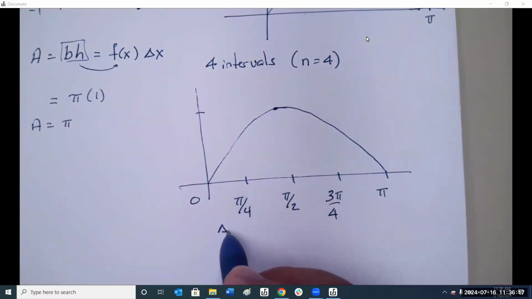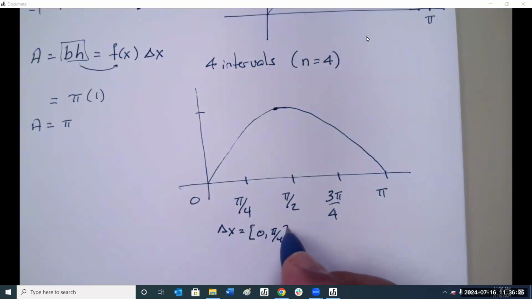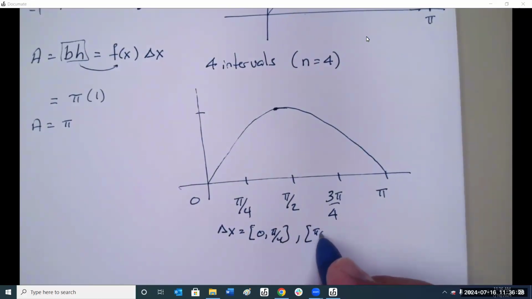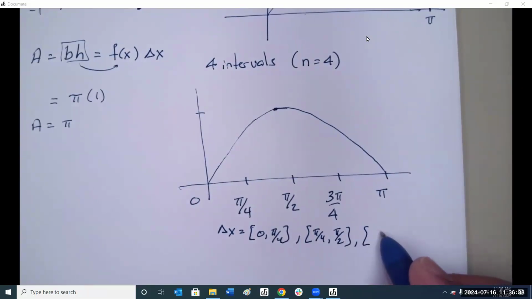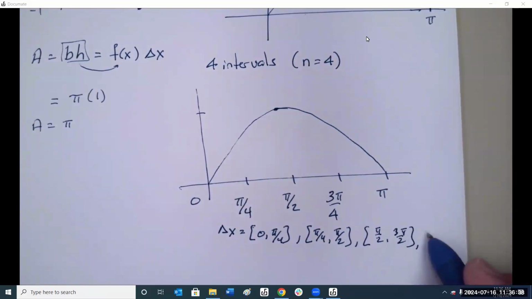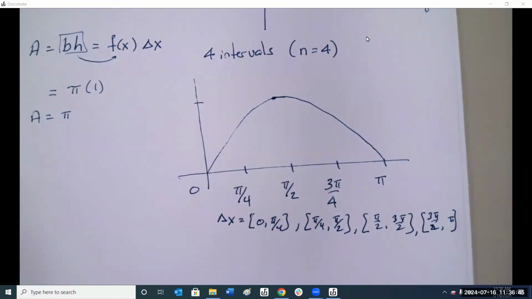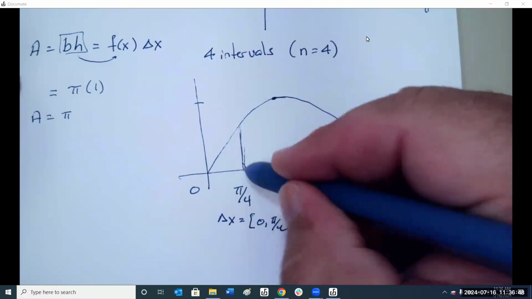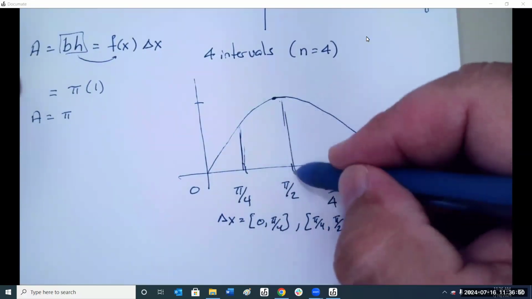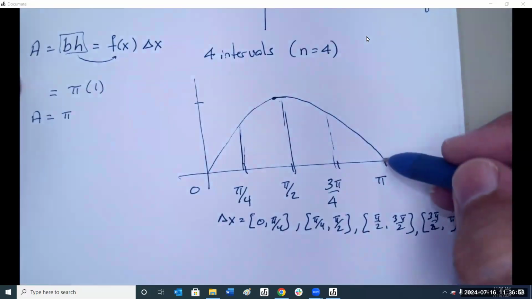Our delta x will be the interval between 0 and pi over 4, between pi over 4 and pi over 2, between pi over 2 and 3 pi over 4, and then 3 pi over 4 to pi. But fortunately, they're all the same width.